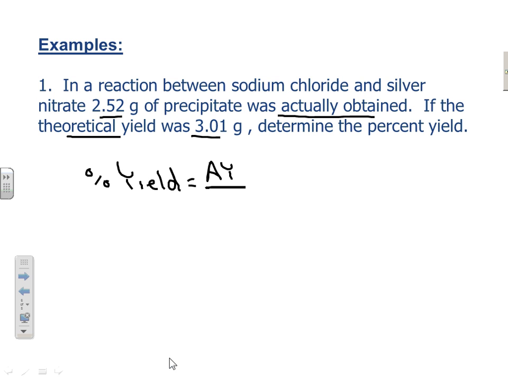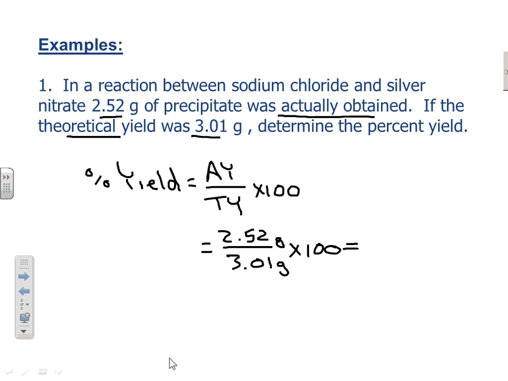Actual yield over theoretical yield times 100 to make it into a percentage. Which one is my actual yield? What number goes on the top? Yep, Jess? Yeah, 2.52. 2.52 grams over 3.01 grams times 100, and we get a percentage.